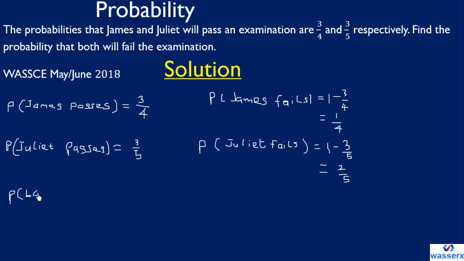So the probability that both fail will be equal to the probability that James fails and Juliet also fails.